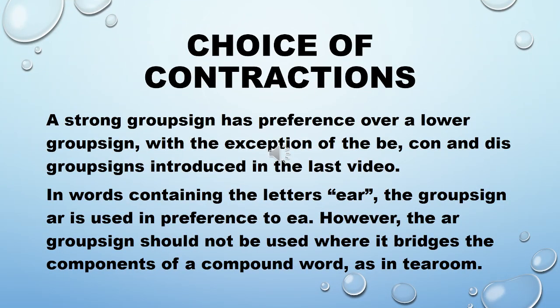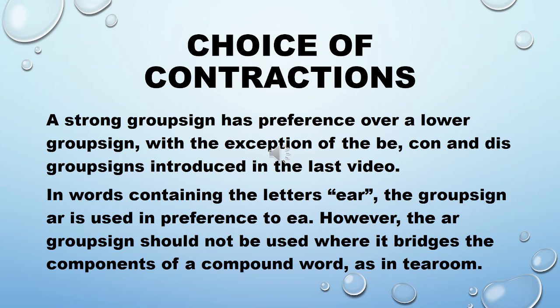Let's go to another thing. Let's have the choice of contractions. Because if you're already adept with all of these contractions, there are words wherein these contractions are used side by side. So what about the choice of contractions?